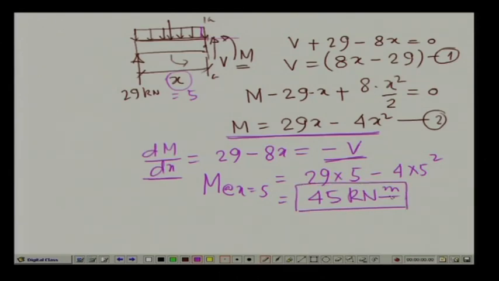Now, let us calculate the value of the bending moment and shear force at section BB. Then you can compare these two and see what happens to the shear force when there is no loading into it. Now, let us take the free body diagram of the part which is at section BB.